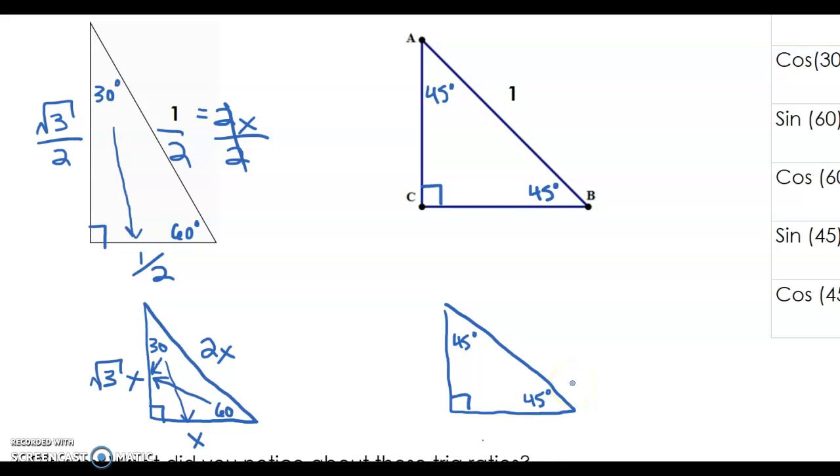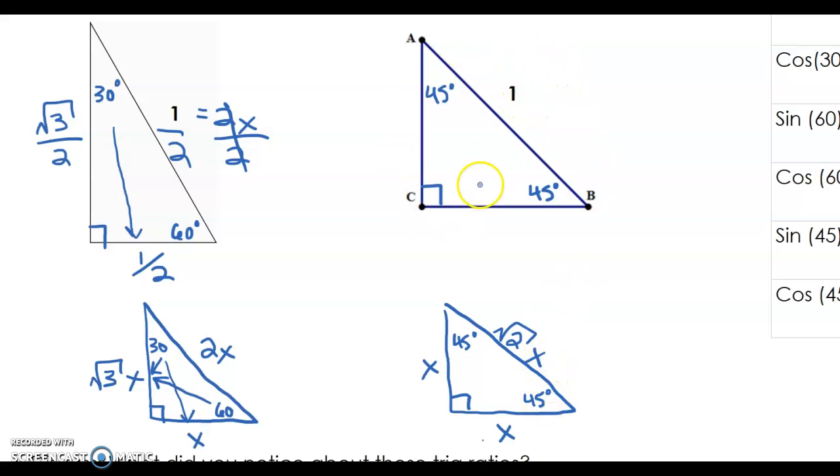I'll start with the sides first. Because both of these angles are 45-degree angles, both of the legs of our triangle are going to be the same length, and we'll call that length x. Then the hypotenuse of this special triangle is going to be root 2 times x.